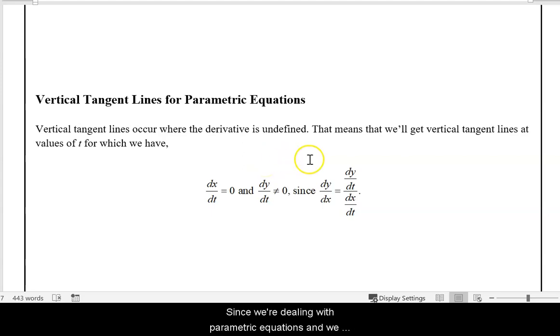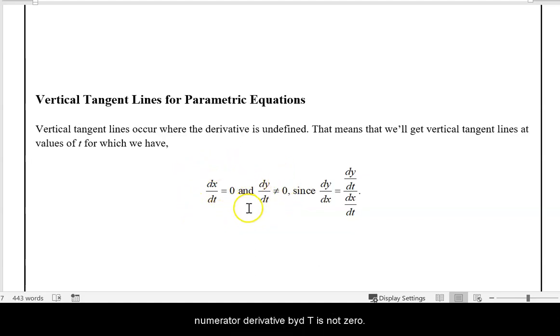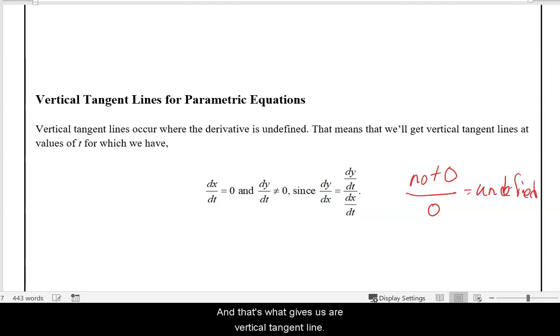Since we're dealing with parametric equations and we have the ratio of two derivatives with respect to t, this means that we will get a vertical tangent line whenever the denominator derivative dx/dt is equal to 0 and the numerator derivative dy/dt is not 0. In other words, when we have not 0 divided by 0, we know that this is undefined, and that's what gives us our vertical tangent line.